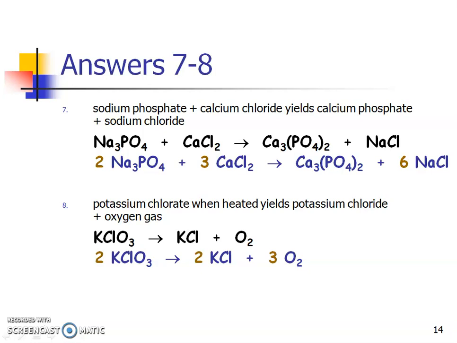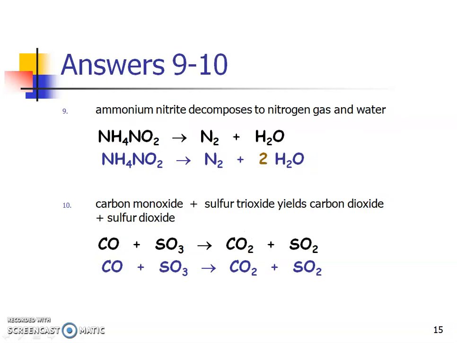Again, 7 looks complicated, but if you made your list and did it step by step like we've always been doing, it probably was a little bit easier to handle. And 9 and 10. And yep, for the last one, I even gave you a nice balanced one. Even though it looks a little confusing, if you spot check, it's nice and balanced.